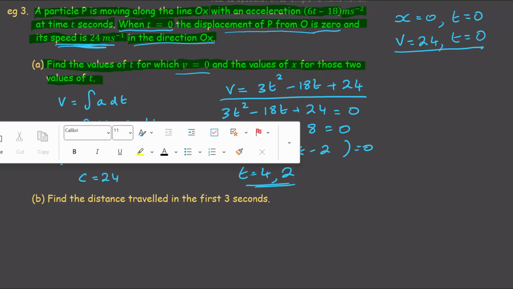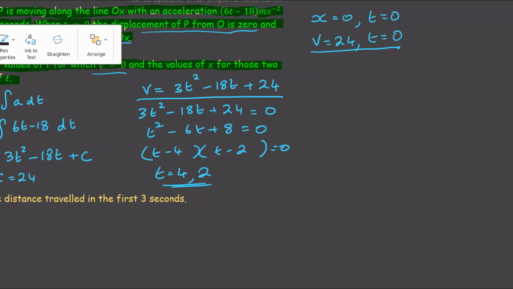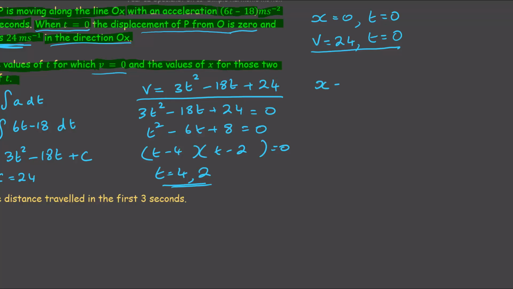So we now want an expression for x, the displacement, and that's the integral of v dt. So that would be the integral of 3t squared minus 18t plus 24 dt. So that's 3t cubed over 3, so just t cubed.